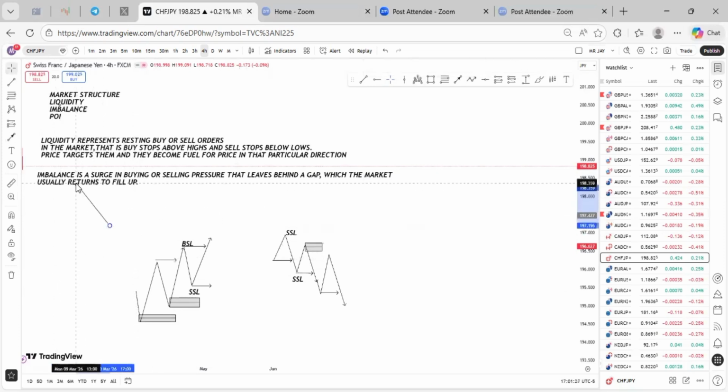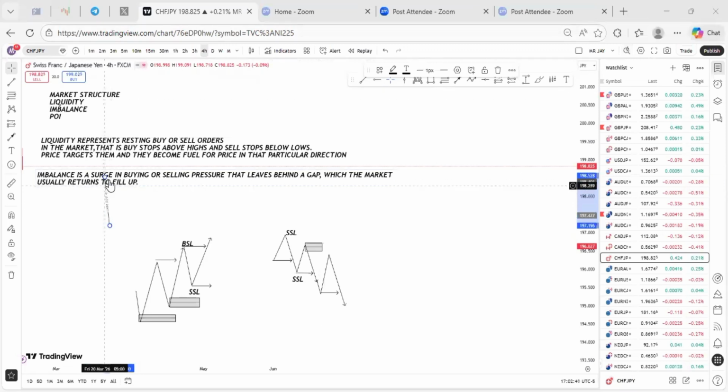I gave a definition here: imbalance is a massive surge in either buying or selling that leaves behind a gap, which the market is likely to come back to and completely fill up. The market will come back to fill it up.